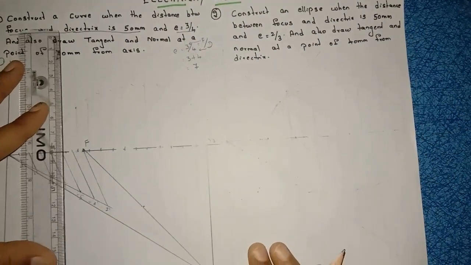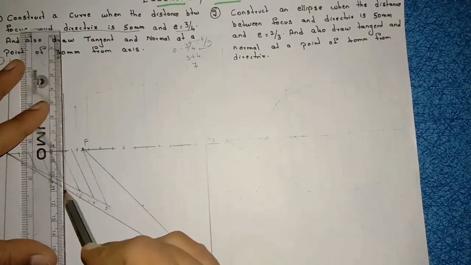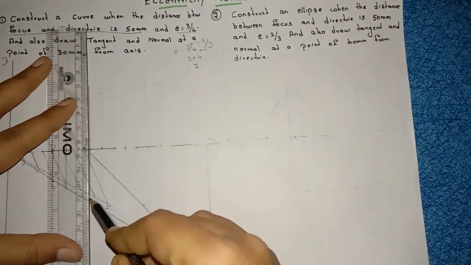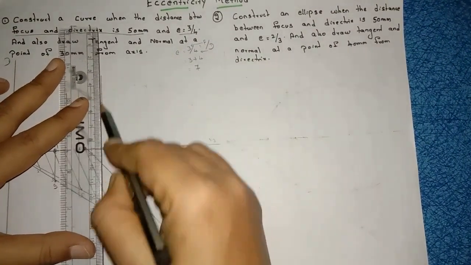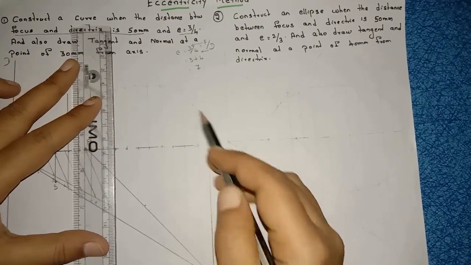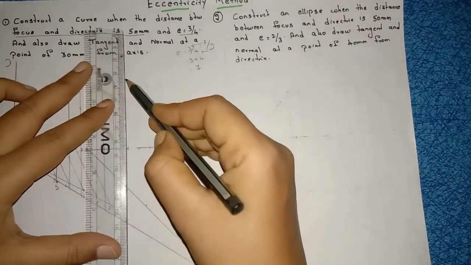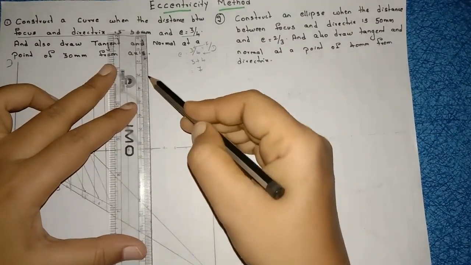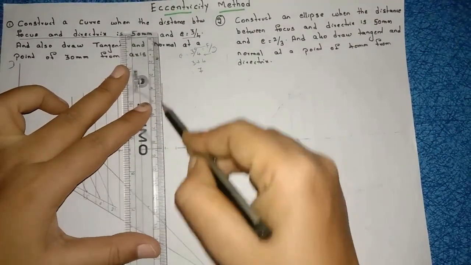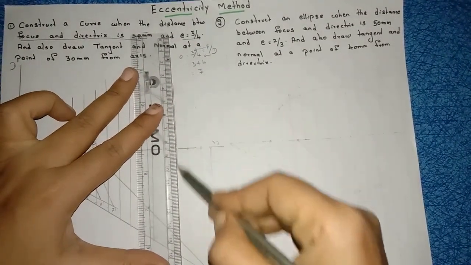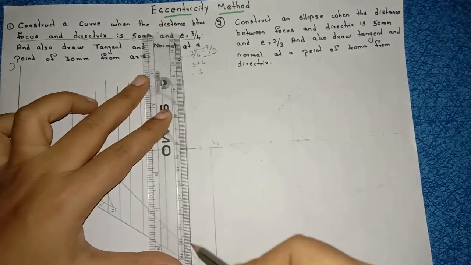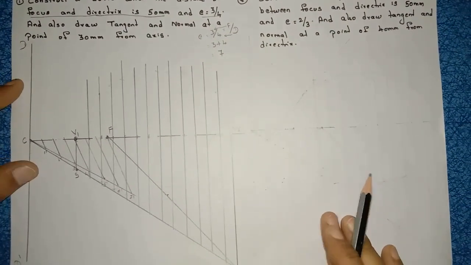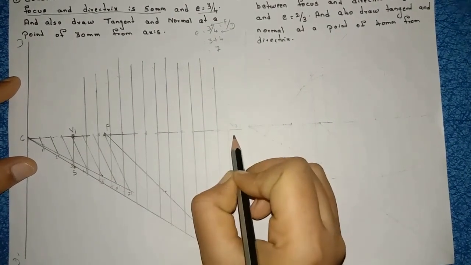From every point I am drawing the vertical line, dividing in equal parts. Don't give numberings for V1 and V2.